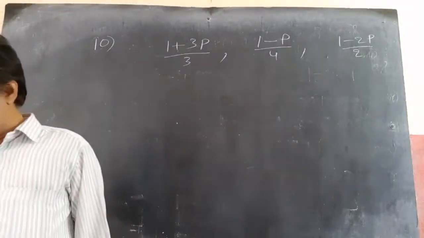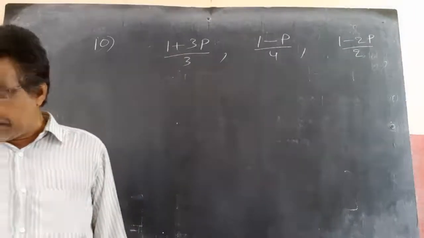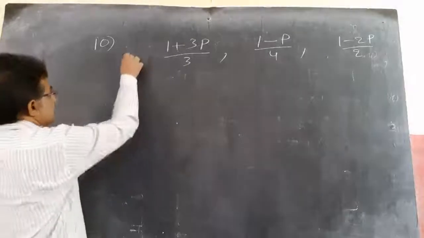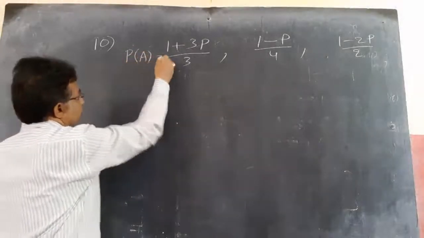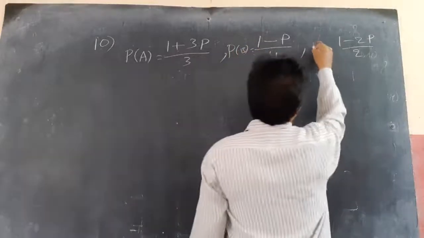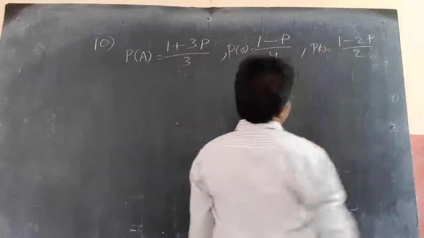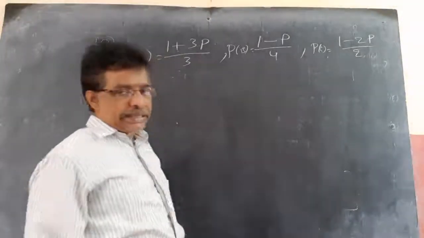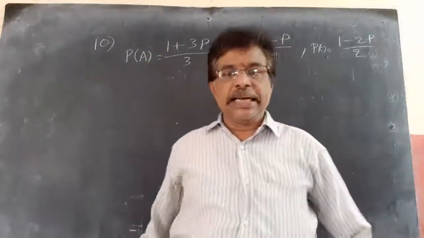Probabilities of three mutually exclusive events means I can take it as P of A, that is P of B, that is P of C. You can understand easily. So this is P of A, this is P of B, and this is P of C. Three mutually exclusive events means A intersection B is 0, B intersection C is 0, C intersection A is 0.